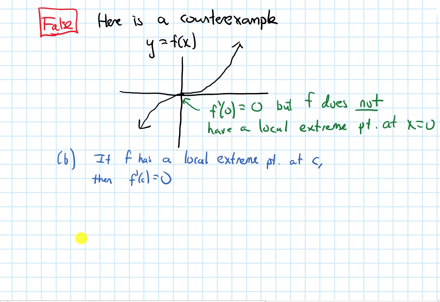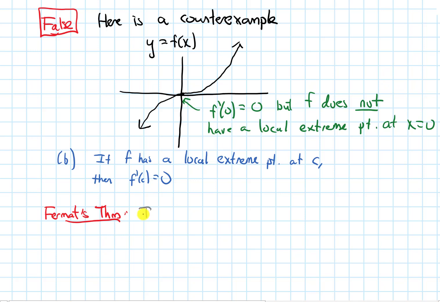B says, if f has a local extreme point at c, then the derivative at c is 0. Alrighty, so one of the things that this might remind us of is one of the theorems we stated in class, and that was Fermat's theorem. Fermat's theorem, let's remind ourselves what that says.